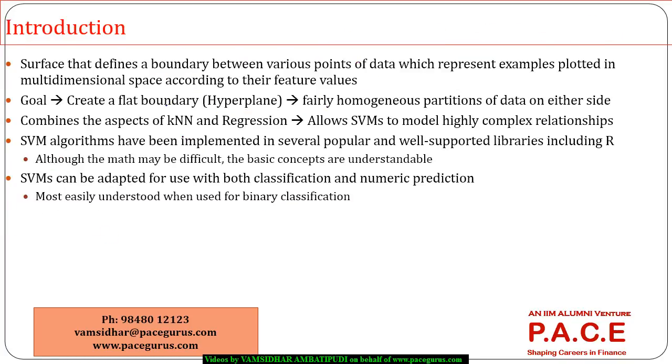Conceptually, when we talk about support vector machines, we are clearly defining a surface. We are talking about different points. Let's say these are some sets of points.